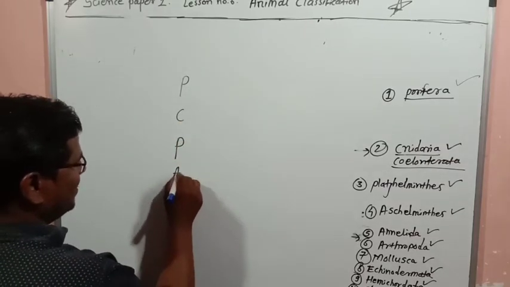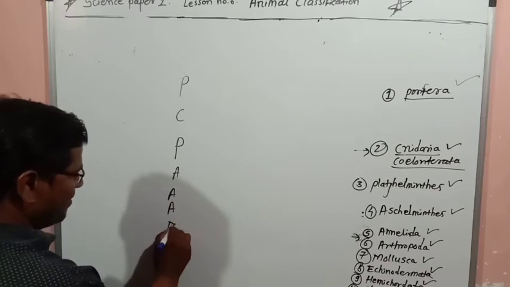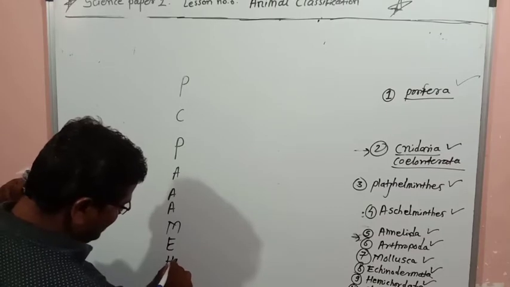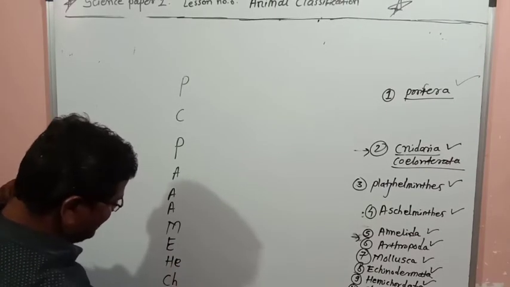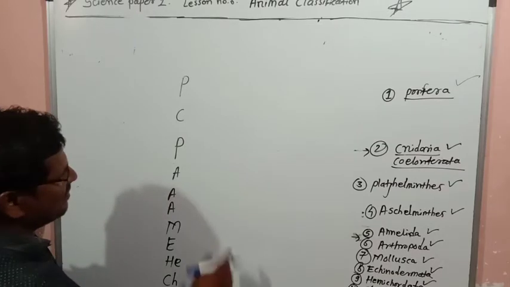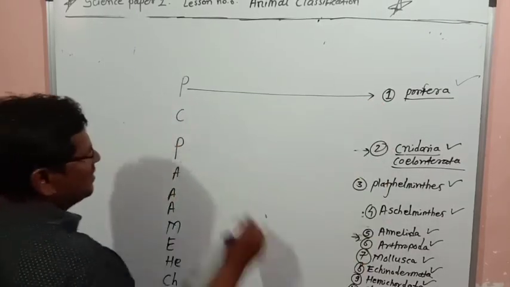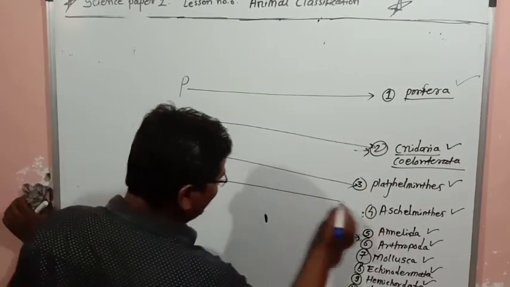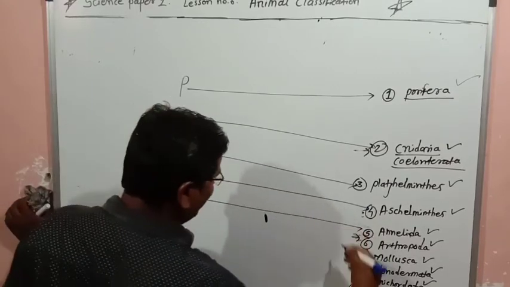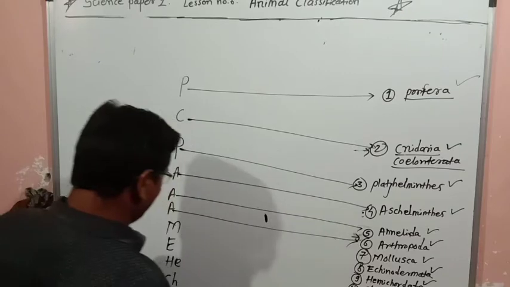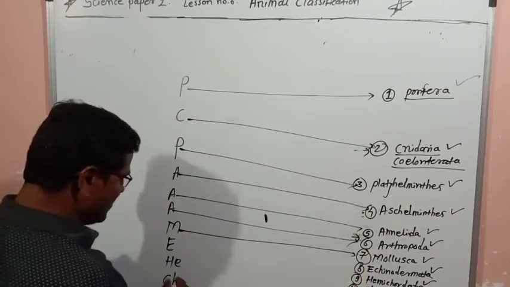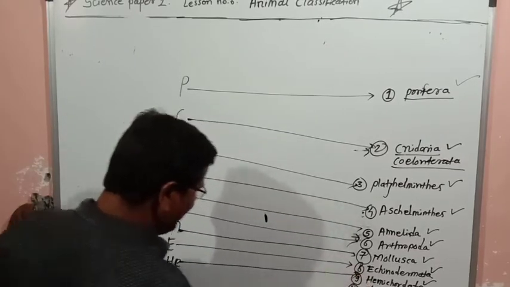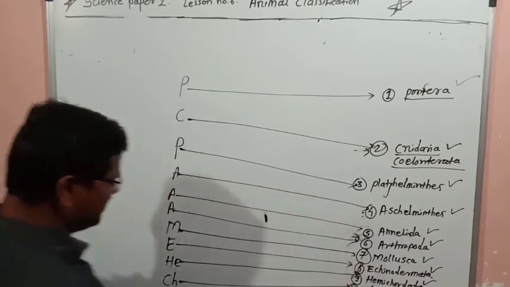PCP, AAA, and MEHECH. P for Porifera, C for Cnidaria, P for Platyhelminthes, A for Aschelminthes, A for Annelida, A for Arthropoda, M for Mollusca, E for Echinodermata, HE for Hemichordata, and CH for Chordata.